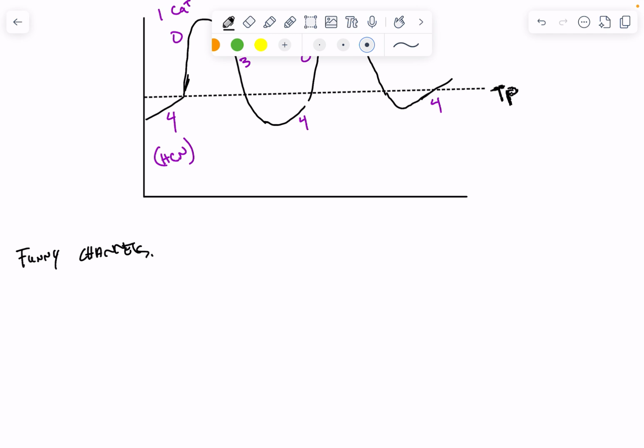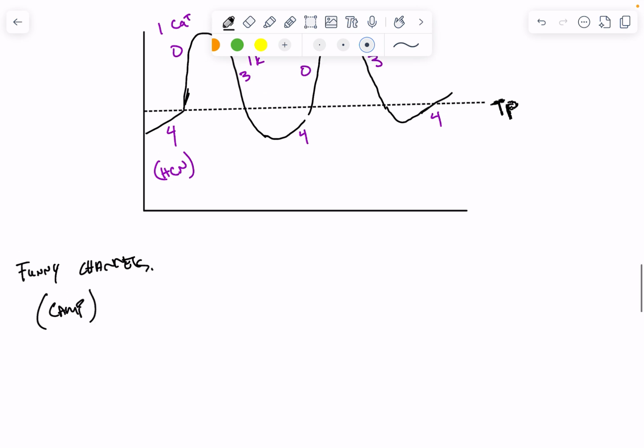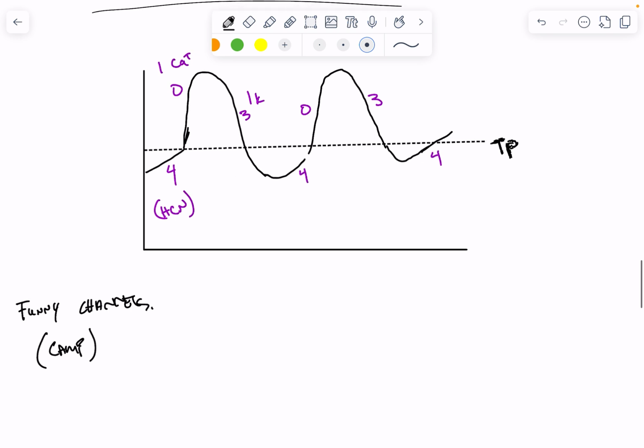Funny channels are open when the membrane hyperpolarizes, and they also can be regulated by cAMP. And the reason they call them funny channels is because that's the opposite way most channels work.